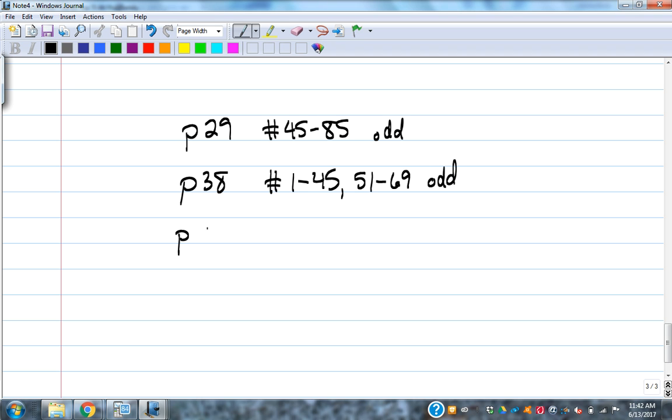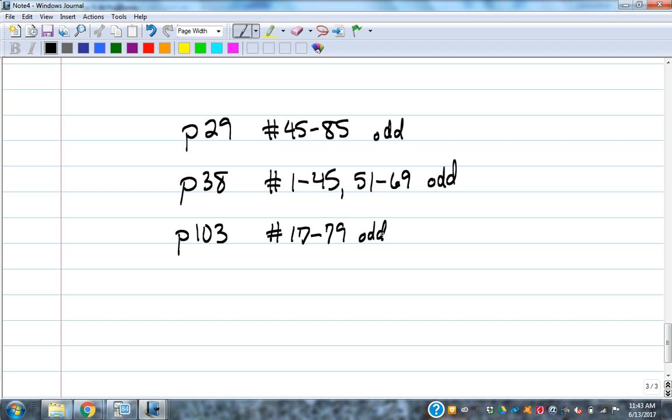And then there's not much practice in the book on the simplifying of radicals only. You get some practice simplifying radicals when you're looking at the complex numbers on page 103. Page 103, numbers 17 through 79. Obviously, the odd ones there. I've got some handouts and things that I've saved over the years.